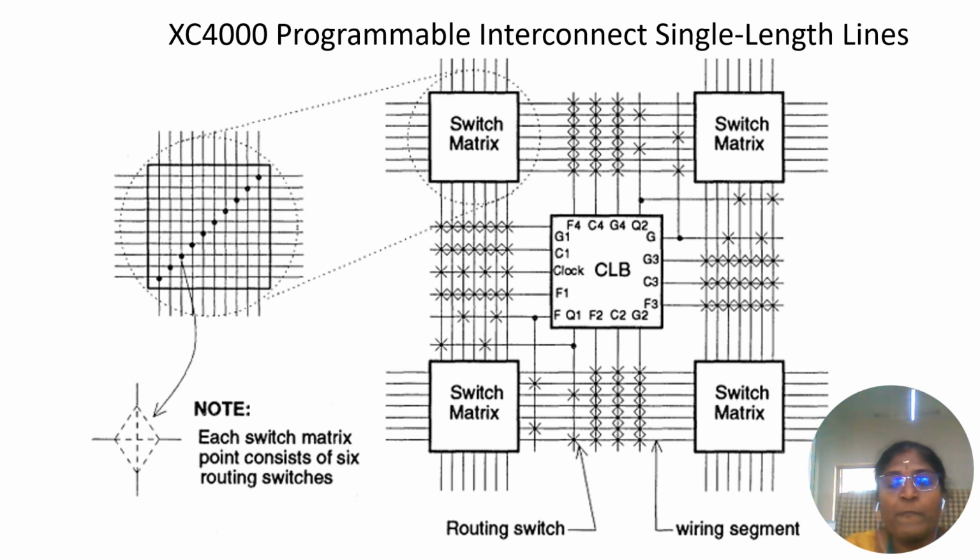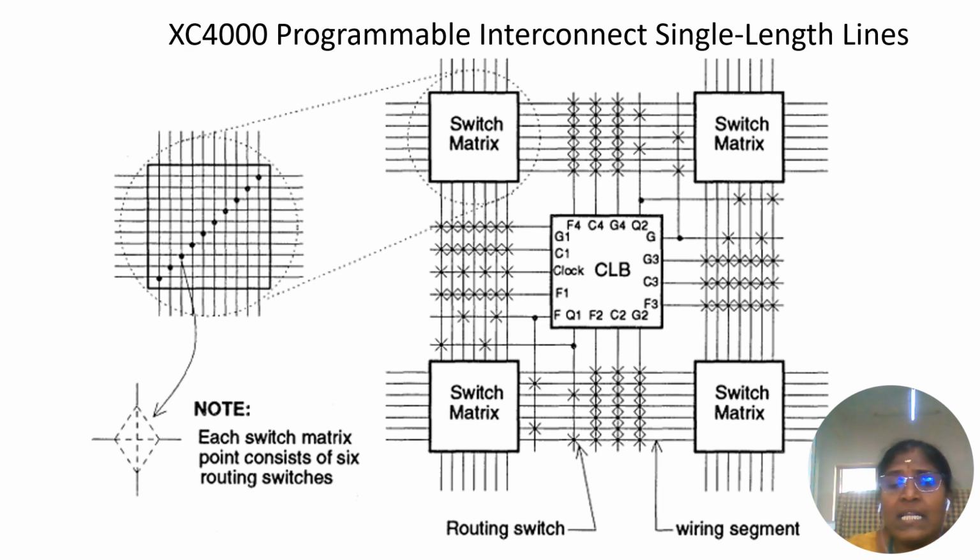The next one is the Xilinx 4000 programmable interconnect. The programmable interconnect makes connections between the configurable logic block and the I/O by use of switch blocks and connection blocks. This is the general structure of the programmable interconnect.